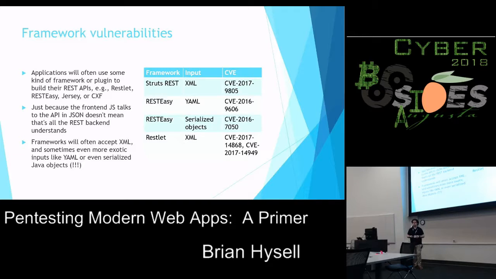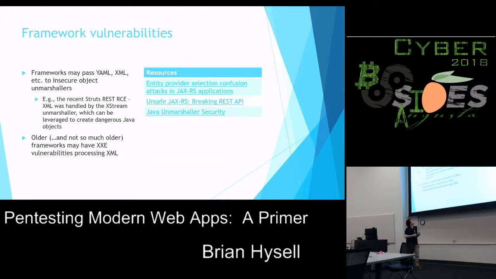Does anyone know what that library was? It's one called XStream. It basically turns XML into arbitrary Java objects, and because of that, you can get basically a Java deserialization attack.